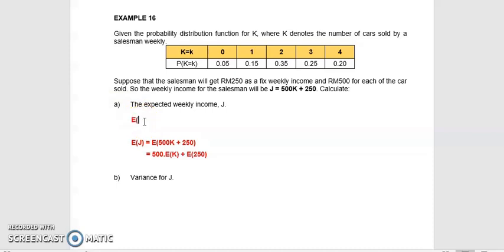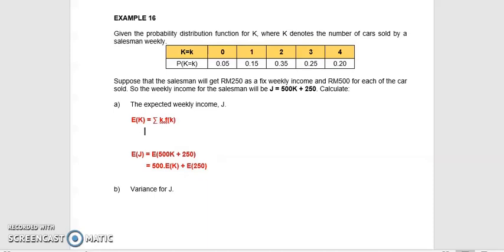Expected of K is equivalent to the summation of K multiplied by its probability, f(k).